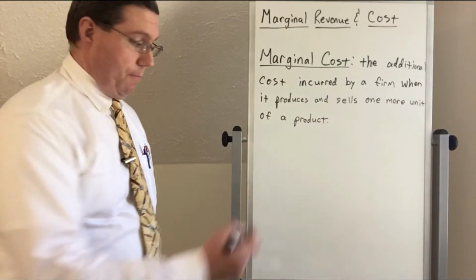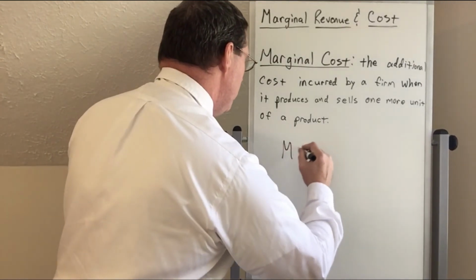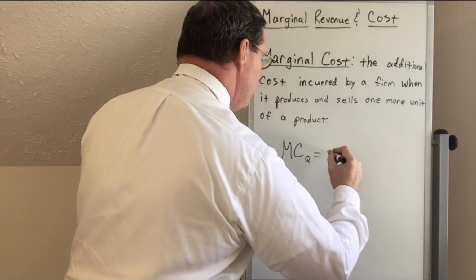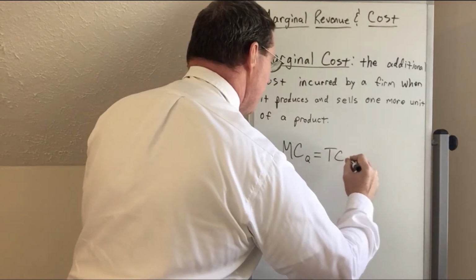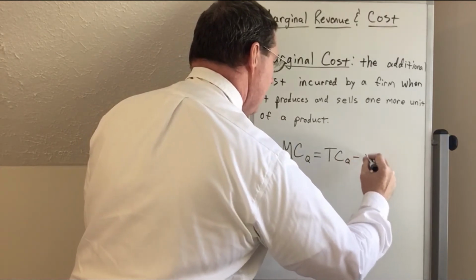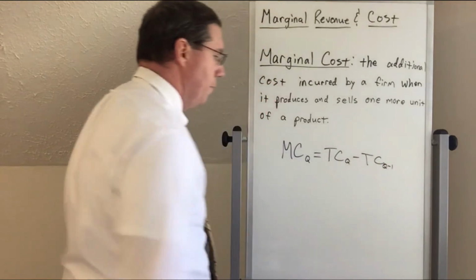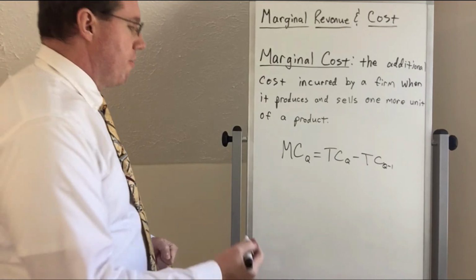So here's our formula. We're going to say that the marginal cost at quantity Q is going to be equal to the total cost for quantity Q minus the total cost at quantity Q minus 1. Okay? So basically, here's the idea.